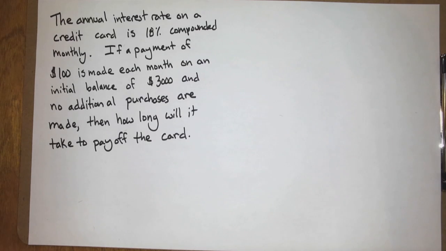Now, before we start, can we say anything about the answer? I was just saying you're looking for the amount of time. Right, n is the amount of time. Can we say anything about how long n should be? So we're paying $100 every time. There's a $3,000 debt. How large should n be? Like, what's the minimum possible?